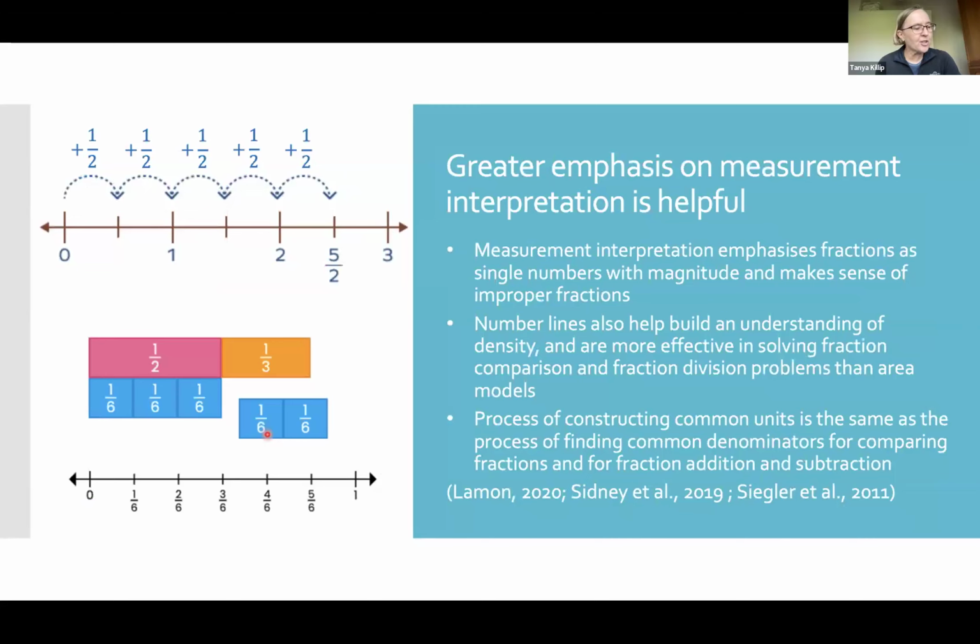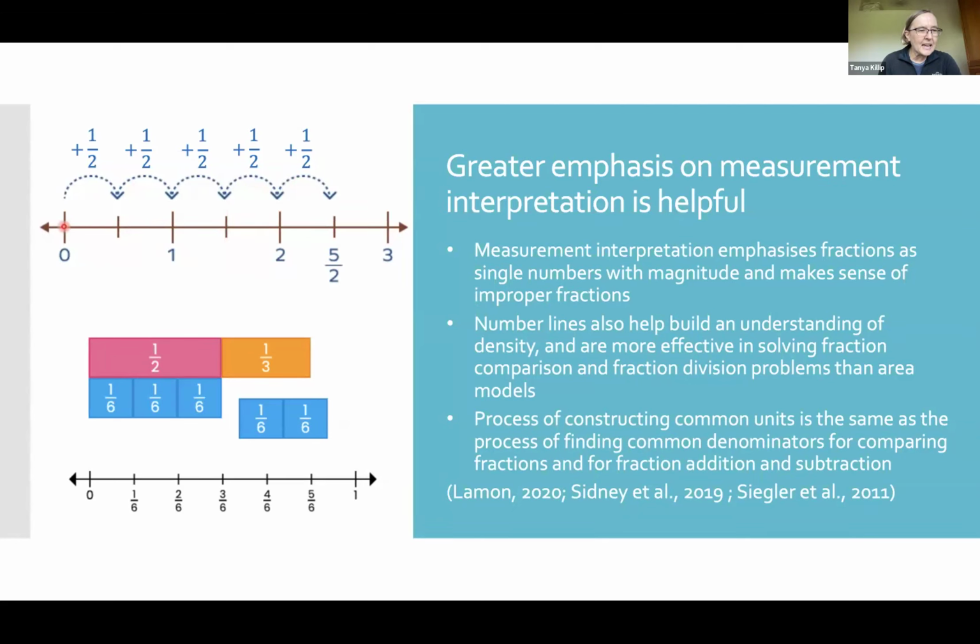On the other hand, research has shown that a greater emphasis on the measurement interpretation of fractions in instruction is helpful. And this is because the measurement interpretation emphasizes fractions as single numbers with magnitude and makes sense of improper fractions. So you can see an example of the improper fractions up here.